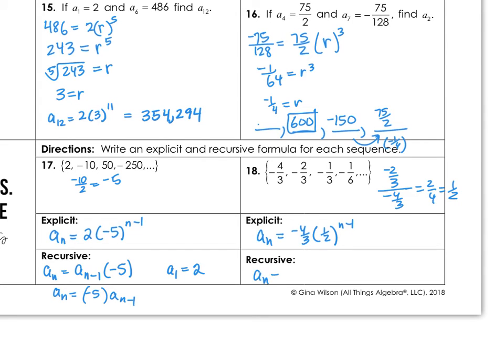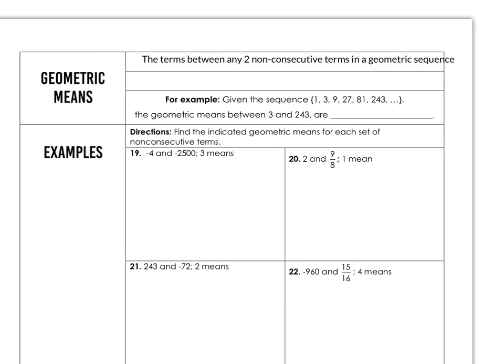Recursive, a sub n is equal to, and if we want to say, the term in front of it times 1/2, and we have to specify that the first one is negative 4/3. Or we could say it as 1/2 times a sub n minus 1. Either one is fine.